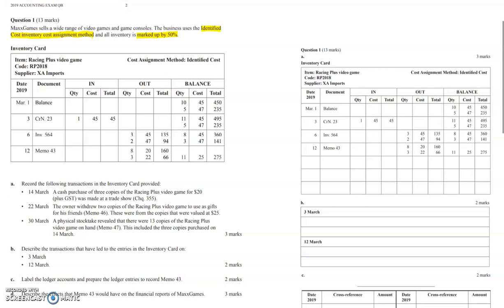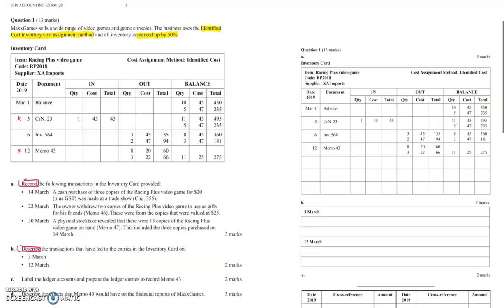Part A is asking us to record 3 transactions in our inventory card. Part B is asking us to describe transactions from the 3rd of March, so this one, and the 12th of March, this one.